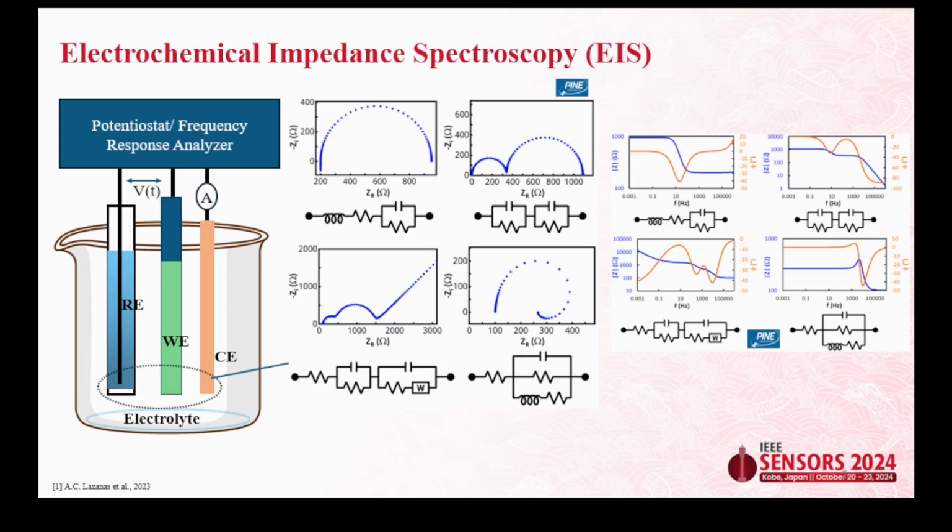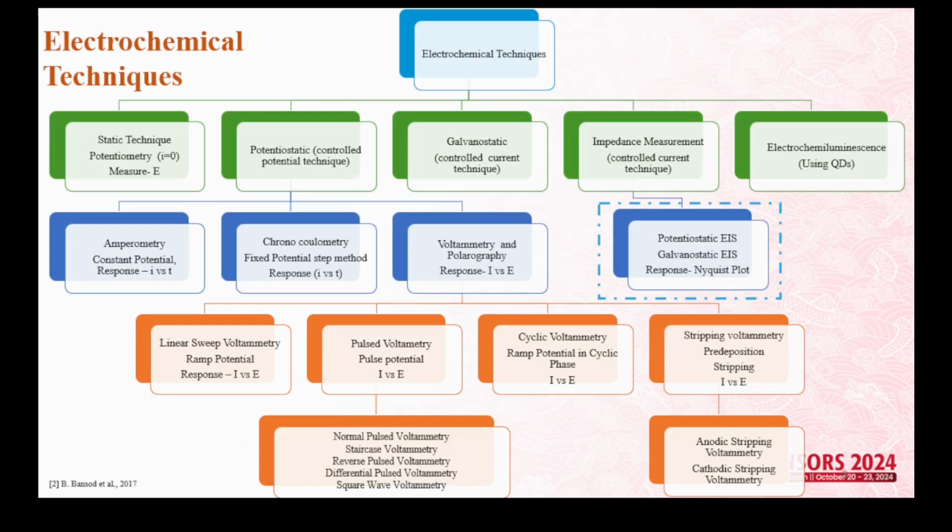So we start with this: there are so many electrochemical techniques available for different applications, so why have we particularly chosen EIS, and why is EIS important compared to the others?